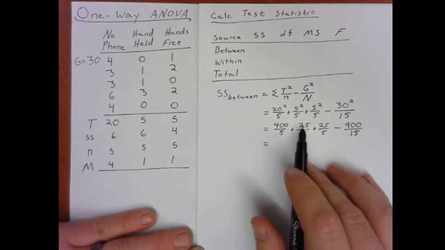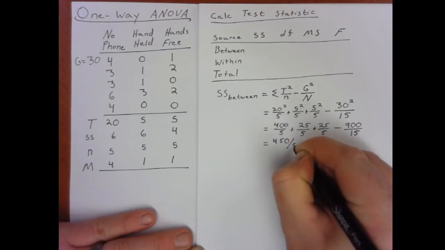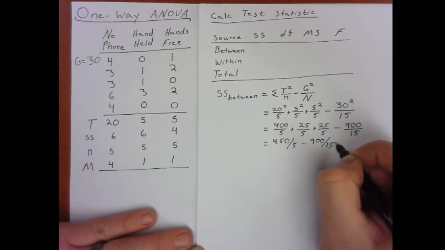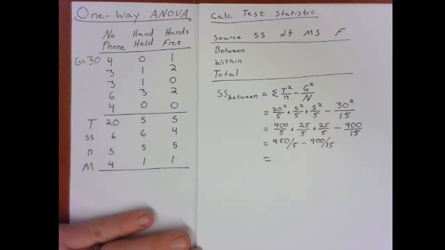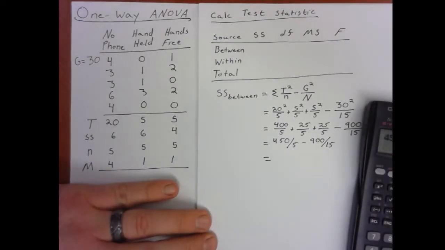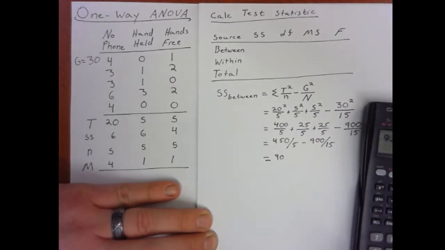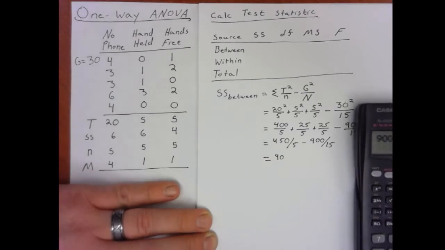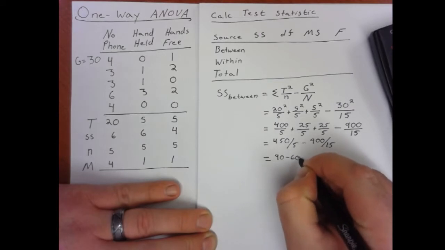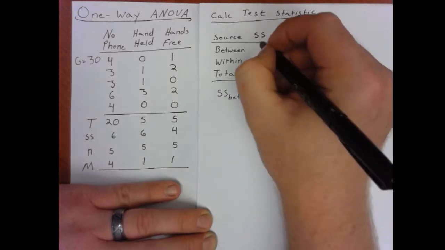So 400 plus 25 plus 25 gets me 450 divided by 5 minus 900 divided by 15. So now is the point where I'm actually going to need my calculator a little bit, because I can't do 450 divided by 5 in my head anymore. This gets us 90. 900 divided by 15 gets us 60. 90 minus 60 gets us an overall sum of squares between of 30.